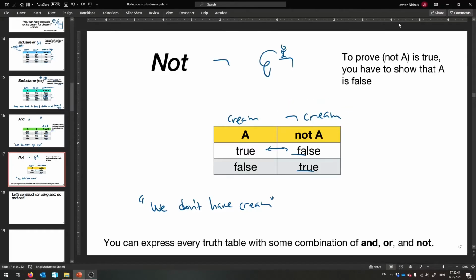It takes a while for that to sink in your brain, but he's saying that the negation of something is true. It's not true that we have cream. So the waiter wasn't lying to you only in the case where there was no cream in the pantry. Cream was false. Alternatively, if they really did have cream, and he was just trying to save it for the customers that bought more things and are going to give him a bigger tip, then he was really lying to you. That's the idea.